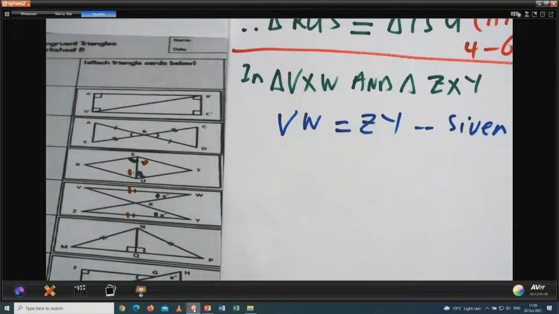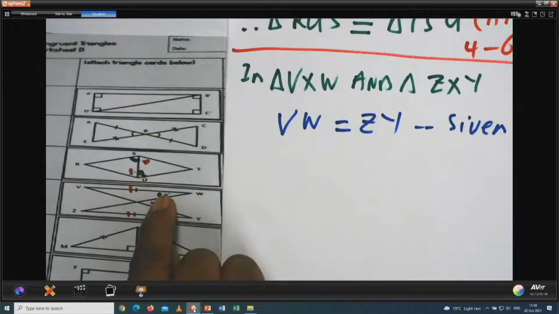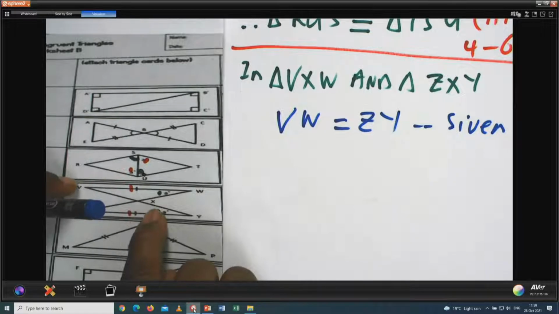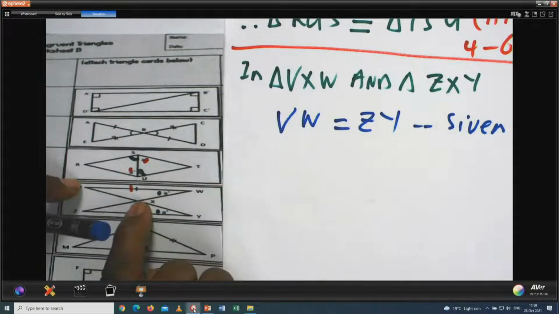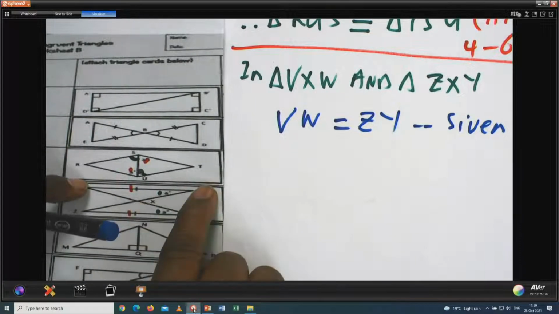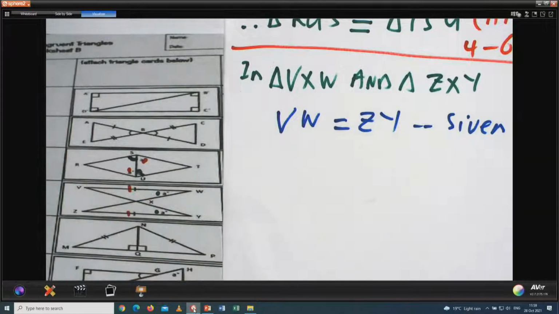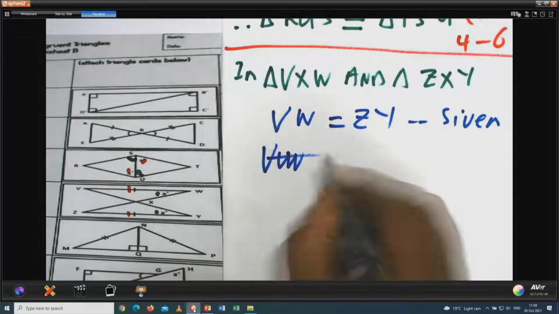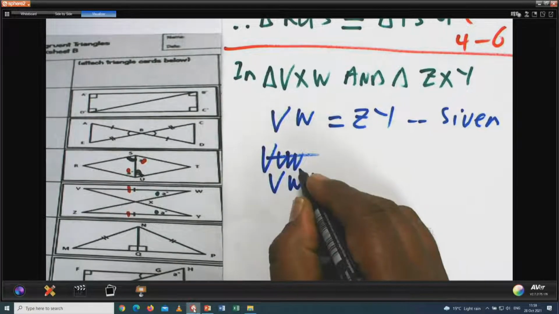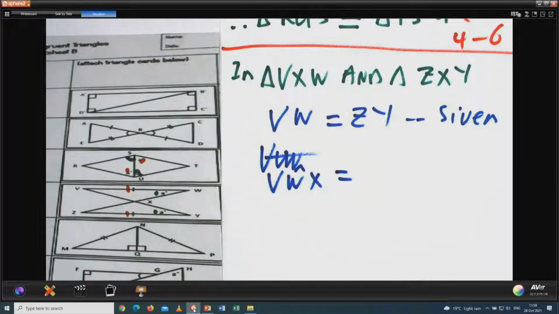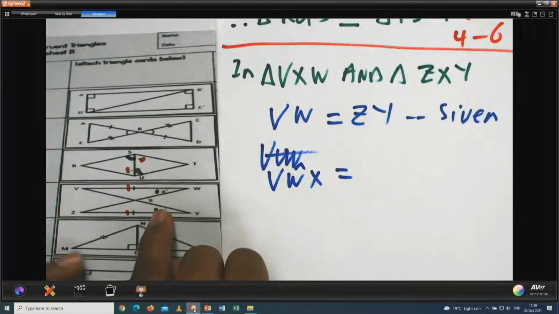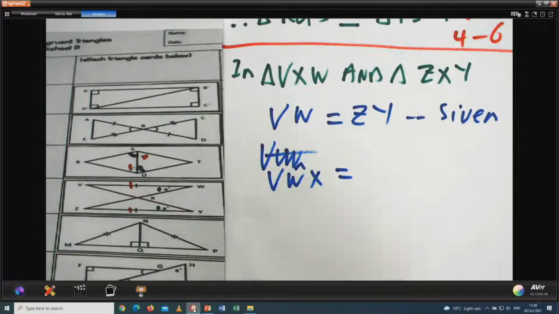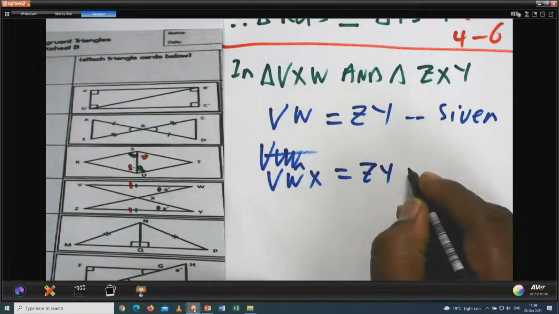What else do you have? Again, this angle: the middle letter is W, so it's VWX. V, middle letter W, X. That is your angle. Angle VWX is equal to angle ZYX.